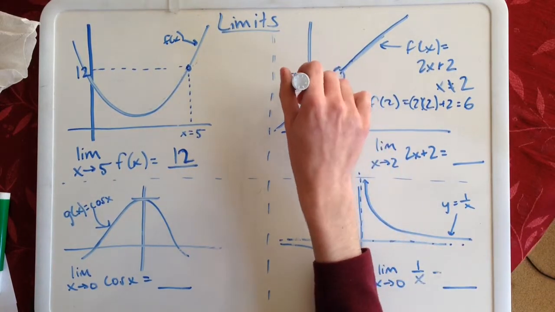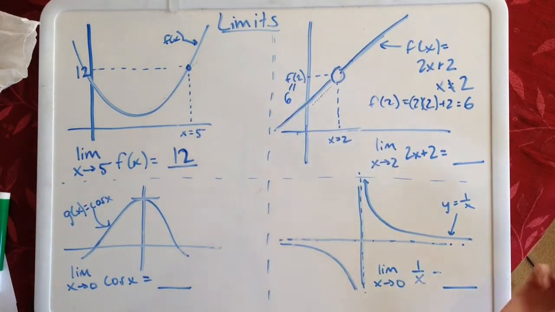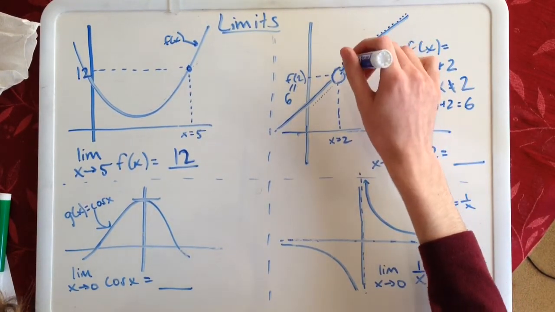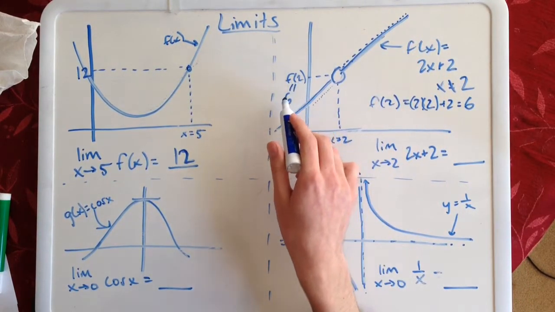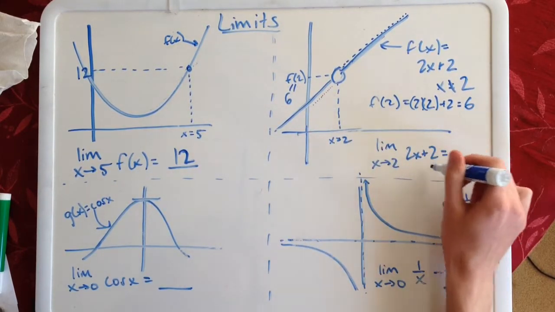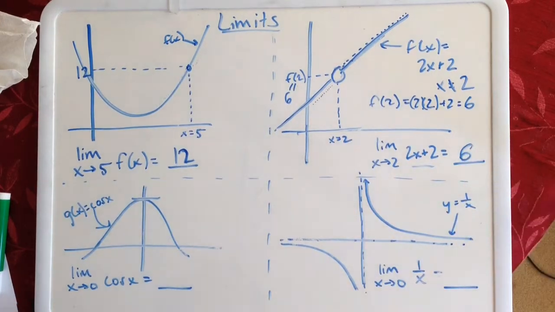So that means we know f of 2 equals 6 here. And then from the right direction, from the positive direction, it also gets closer and closer to 6. So that means the limit as x approaches 2 of this function, 2x plus 2, equals 6.